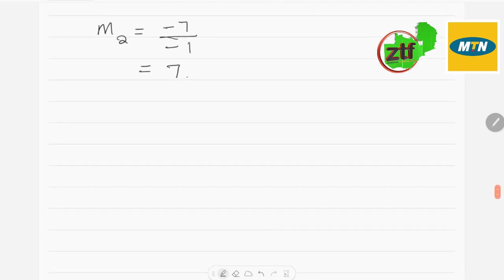So in other words, we are saying that the gradient of a line that is perpendicular to the equation y plus x over 7 is equal to 1 is positive 7. So then how do we find the equation of this line that is perpendicular to the equation y plus x over 7 equal to 1?